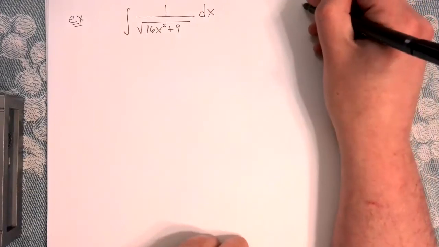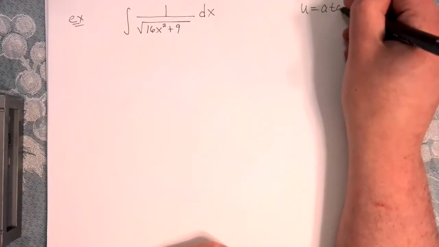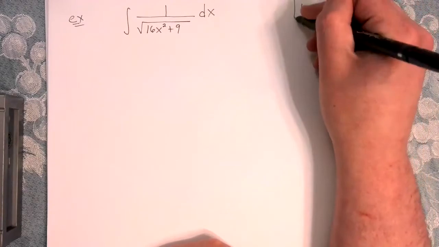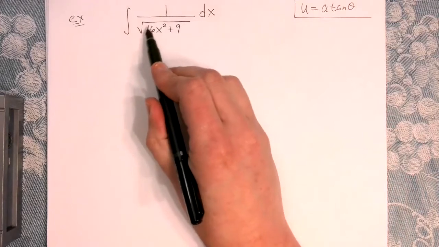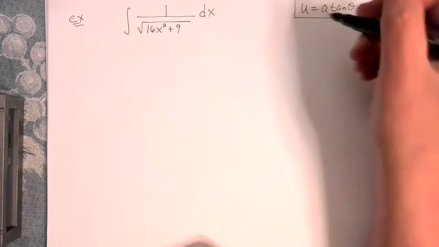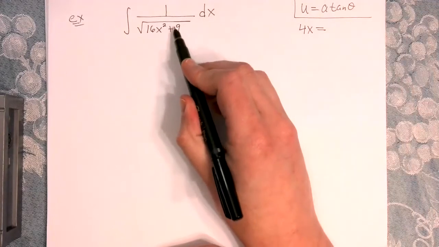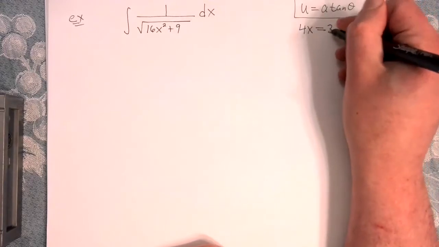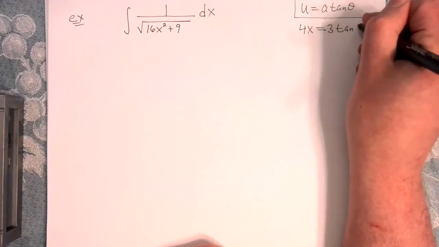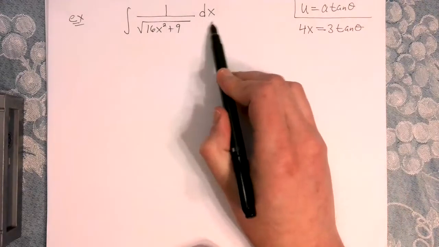So the form that we want to use is u is equal to a tangent of theta. So what's playing the role of u squared? Well, all of this right here is u squared, so u is 4x. What's playing the role of a squared is 9, so a must be 3. Well, we also need to get rid of dx.